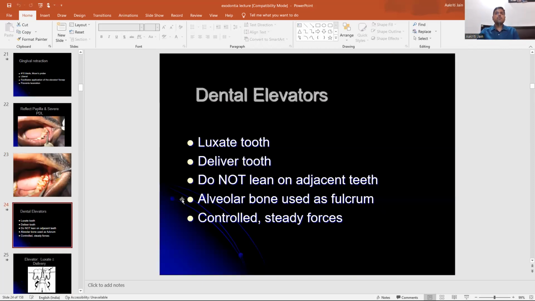Dental elevators are used to luxate the tooth, deliver the tooth. Do not lean on adjacent teeth. Alveolar bone is used as a fulcrum, with controlled and steady forces.